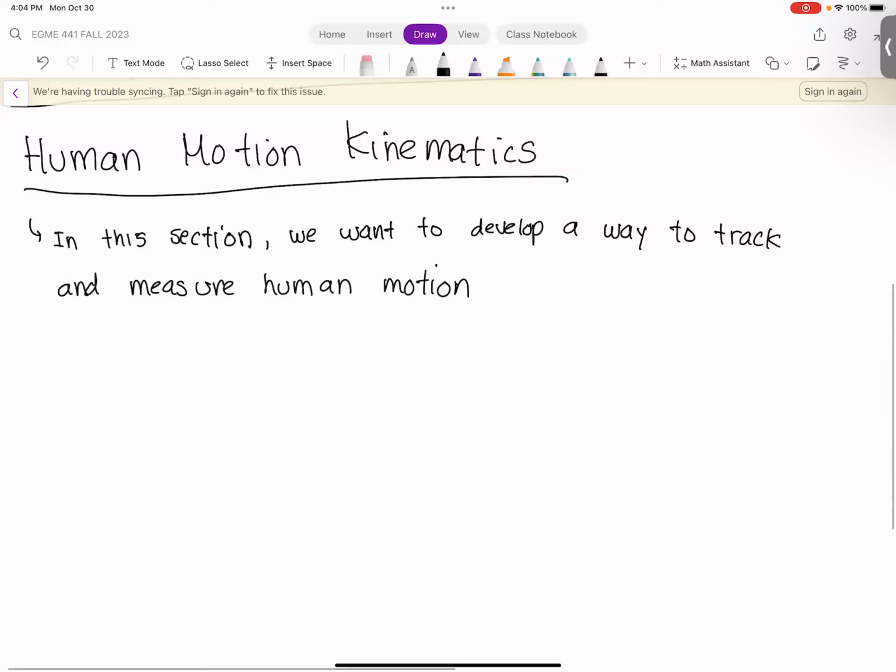The way that we do this, at least the industry standard way, is to use motion capture.